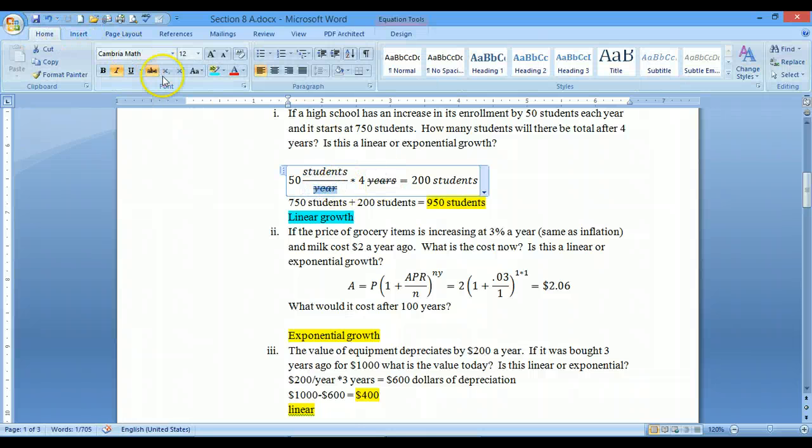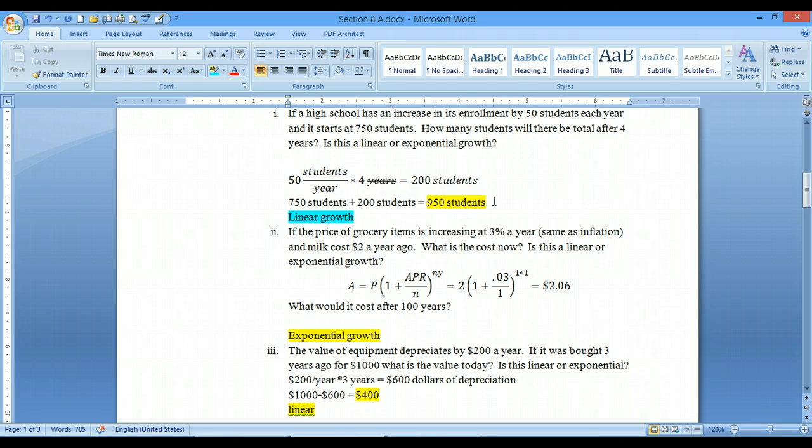I can use the strikeout feature to cross out the years in my units, and I'm left with 50 students times 4, which gives me 200 students. So it's increasing by 200 students, with my original total of 750. 750 plus 200 gives me a total of 950 students after 4 years.